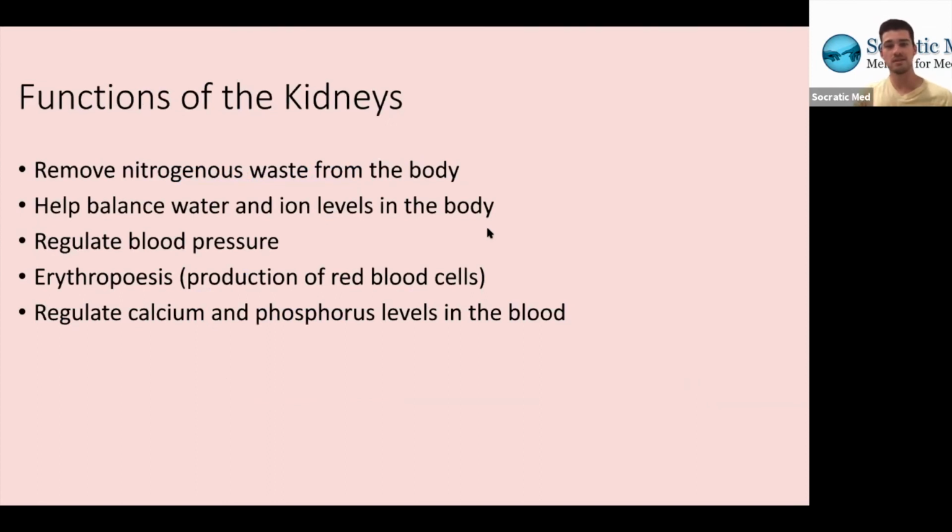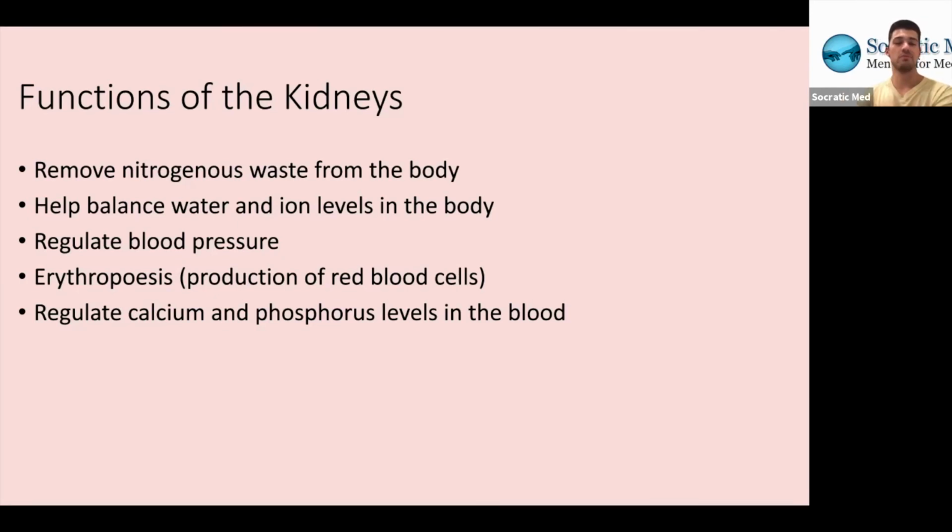Okay, so with that, let's get right into it. This is pretty much our learning objectives for today. We're going to be talking about the renal system, which obviously centrally involves the kidneys. Just to review some functions that the kidneys oversee: it removes nitrogenous waste from the body, metabolic waste from your cells. It helps balance water and ion levels in the body.